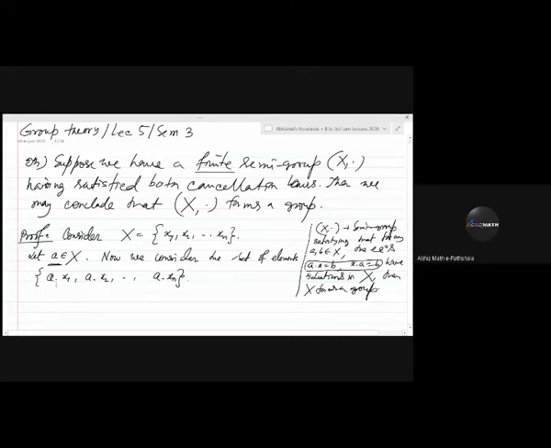Now we are asking to check whether these elements a·x1, a·x2, ..., a·xn are distinct or not.